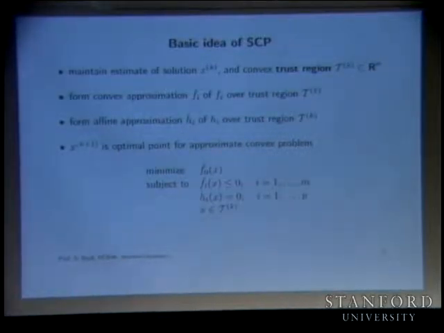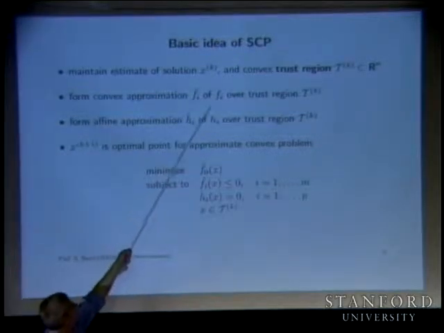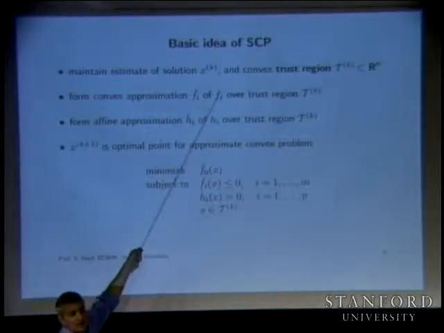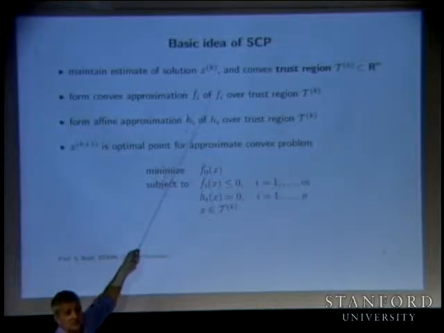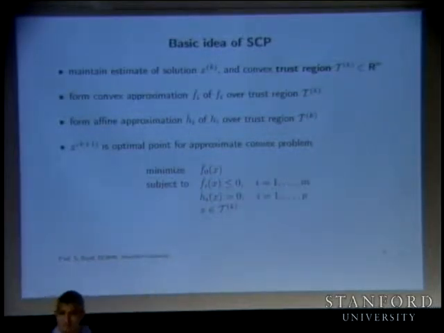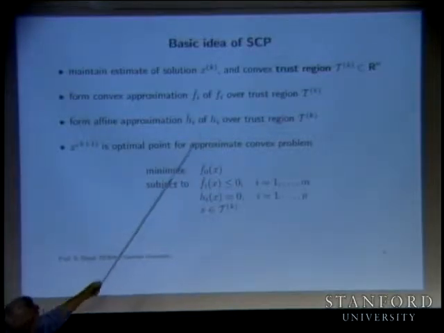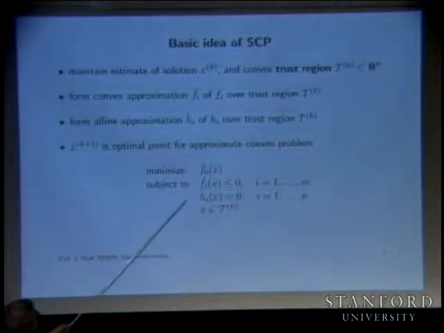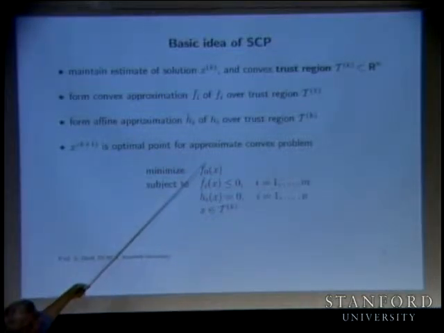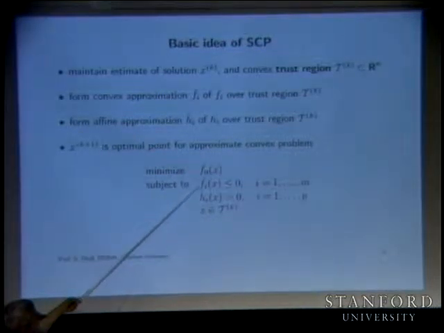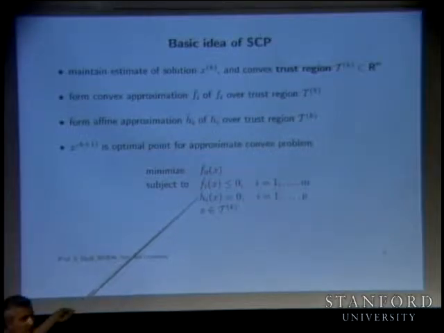Now, obviously, if the objective or a bunch of the inequalities are convex, a perfectly good approximation of itself is itself, right? So forming a convex approximation of a convex function is very easy. Same for affine.